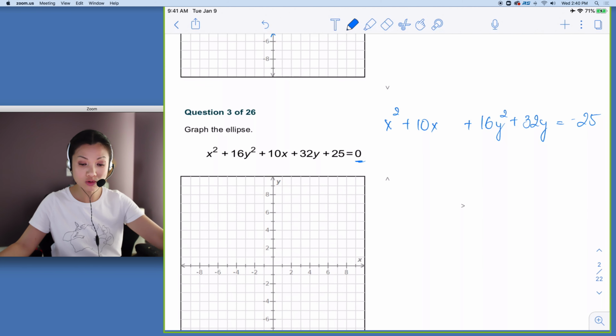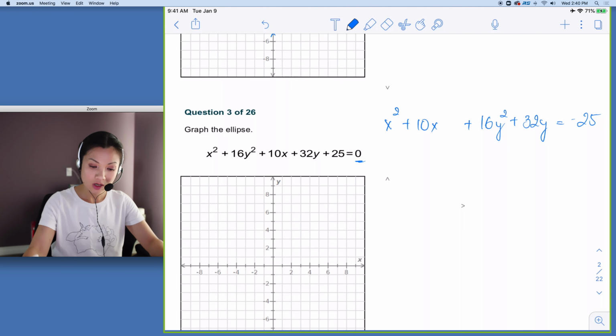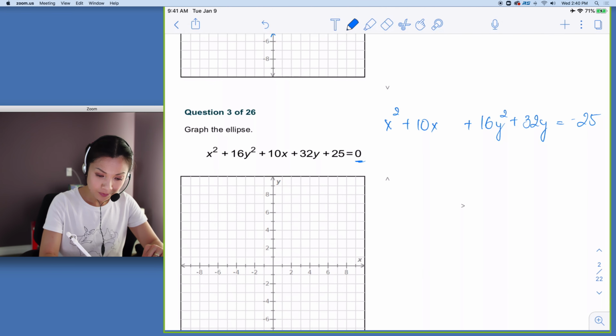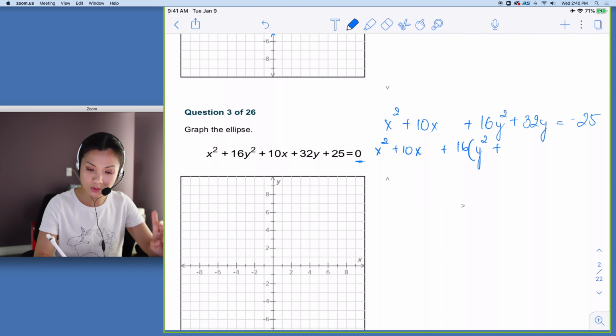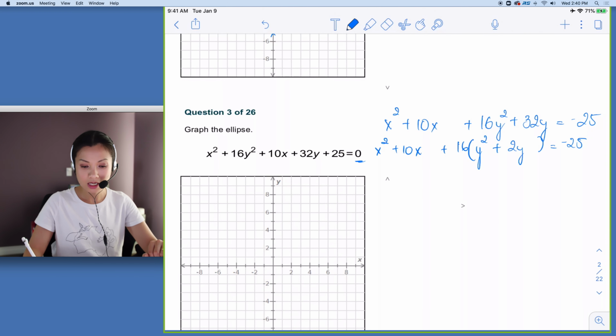So the first thing you need to do is factor it. I'm going to rewrite and factor out the 16. So I have x squared plus 10x, plus 16 times y squared plus 2y, equals negative 25.